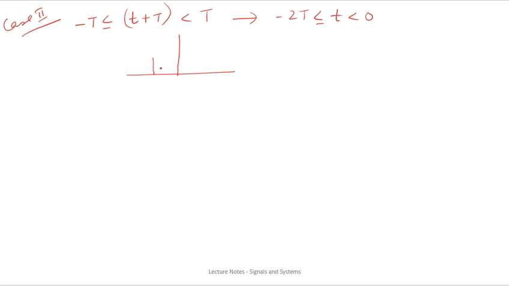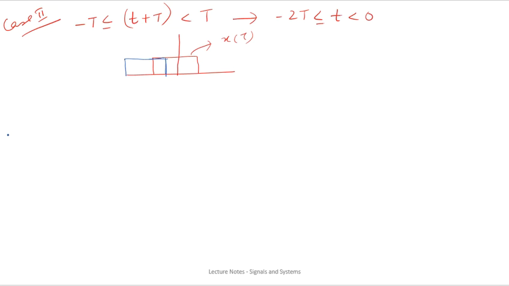So this is x of tau, and what will be h of t minus tau? So h of t minus tau will be something like this.